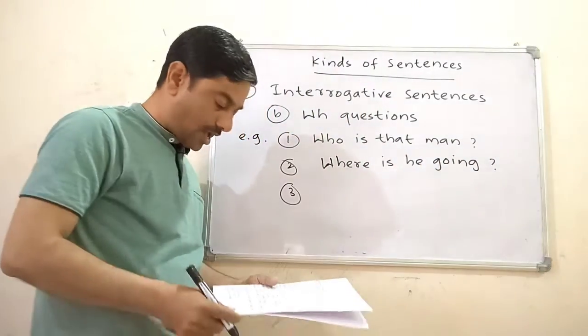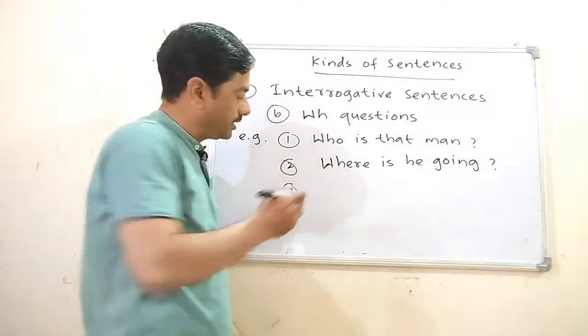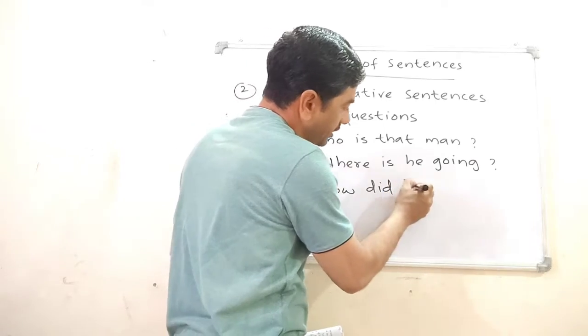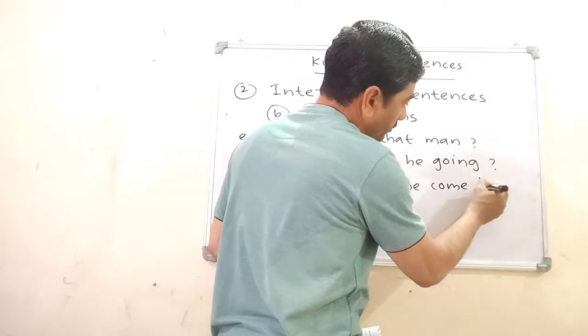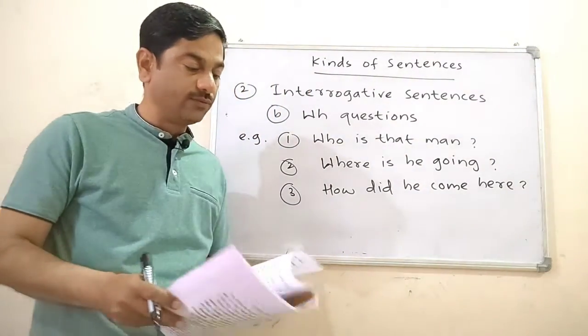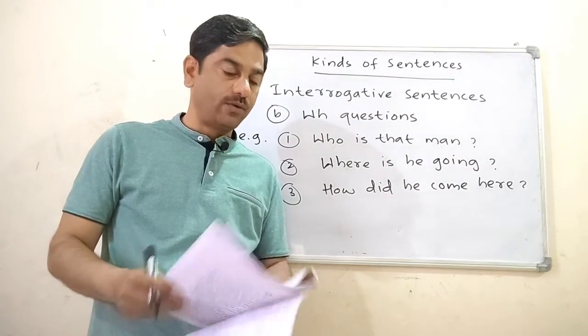Third one, how did he come here? So these are some of the examples of WH questions.